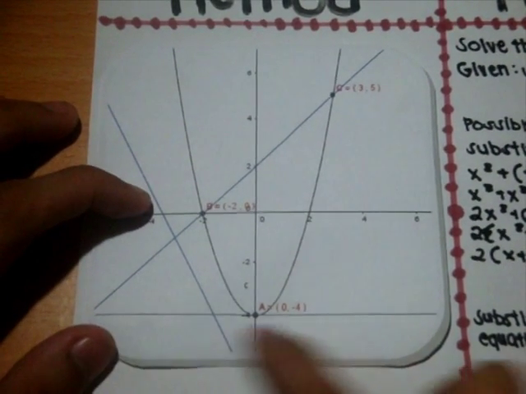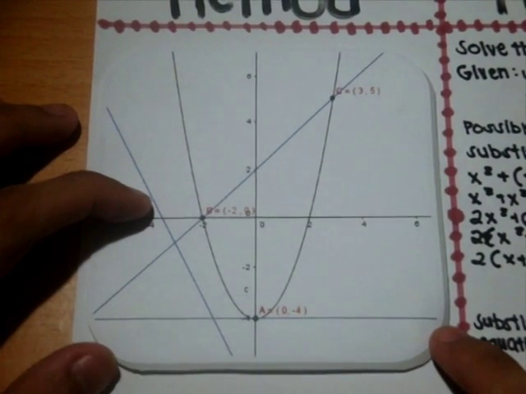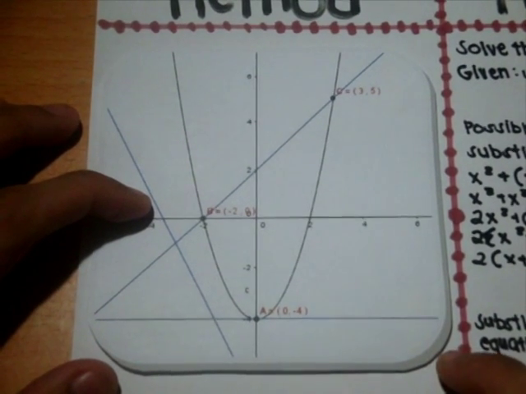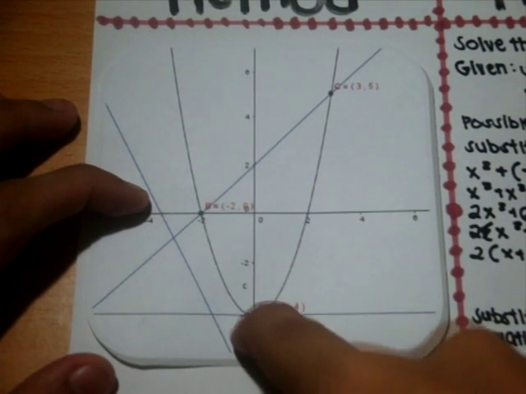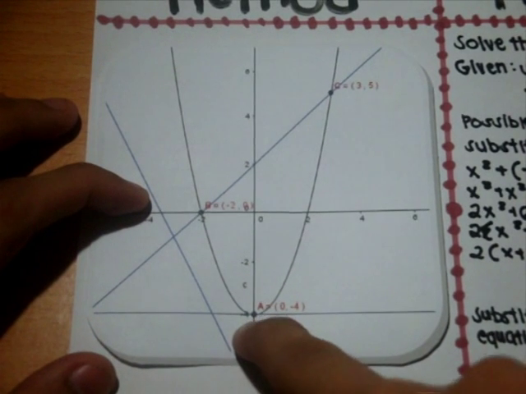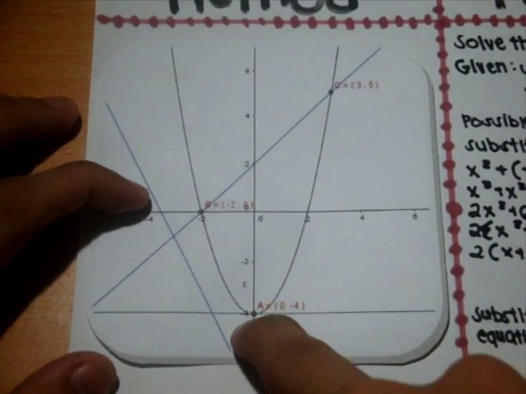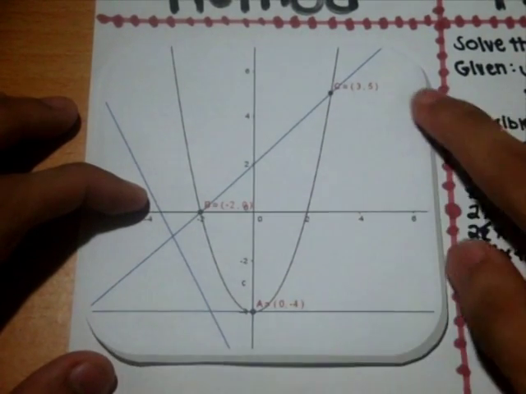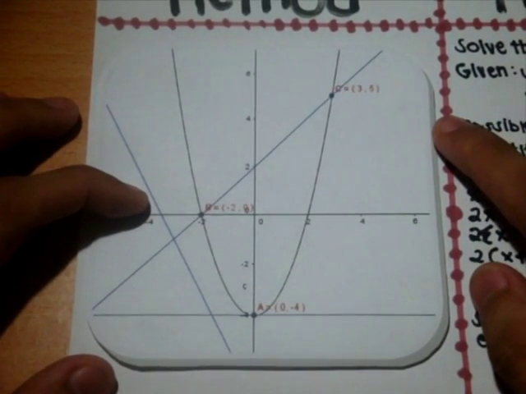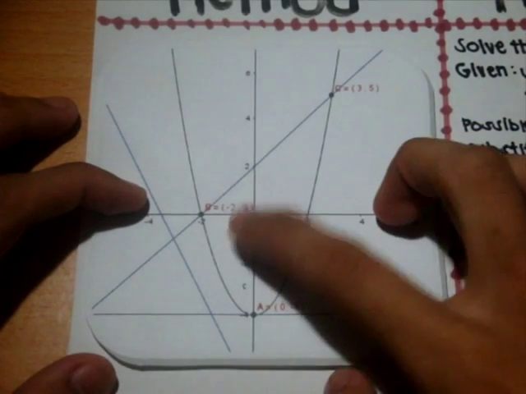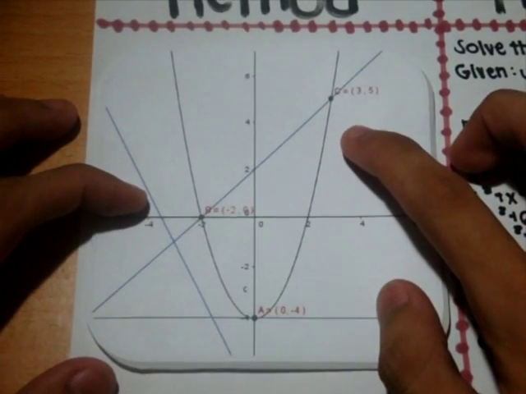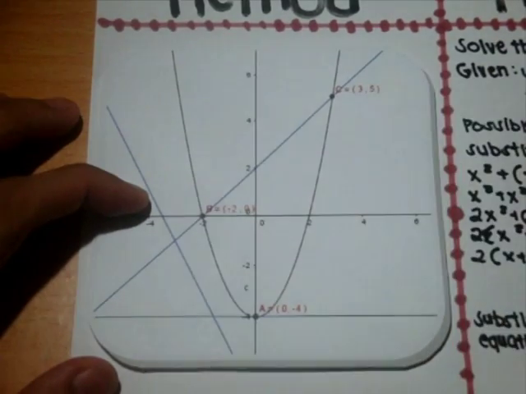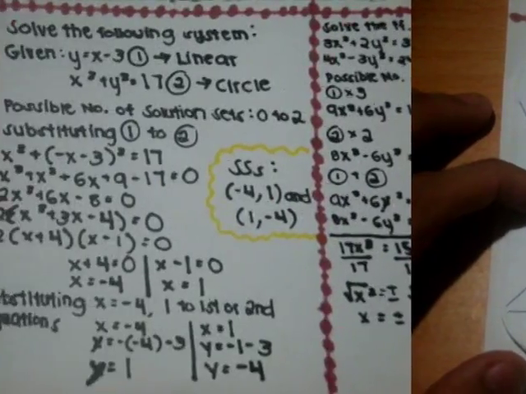The horizontal line, or constant function, meets the parabolic equation at one point, which is the vertex. And the last line, with a positive slope, meets it at two points, which are (-2, 0) and (3, 5), so they have two solution sets.